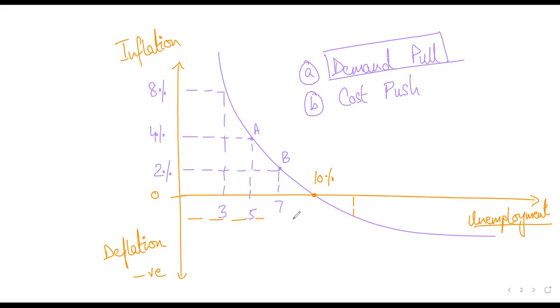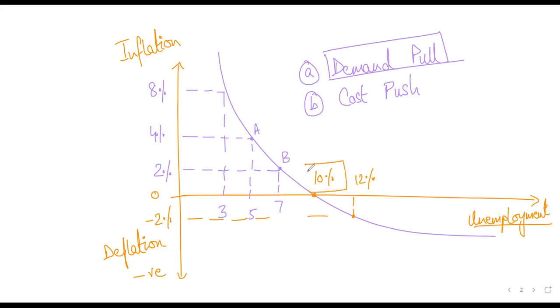But according to this graph, if the unemployment rate is anywhere higher than, let's say, 10% that you can see over here, let's say 12%, the rate of inflation will be negative, which is basically deflation. So instead of prices increasing, prices will decrease. That is what the graph predicts, right?